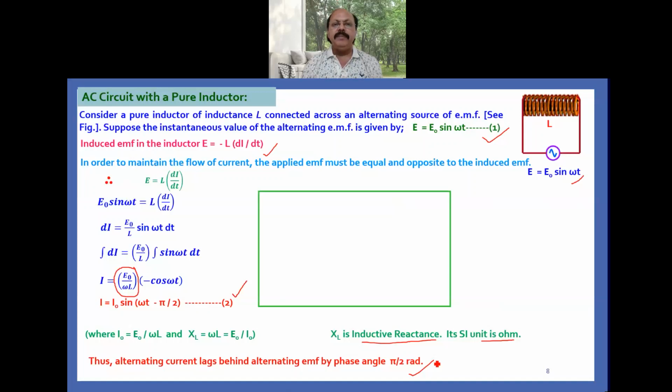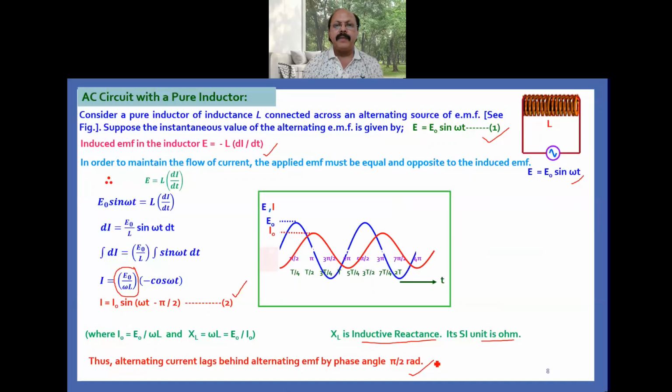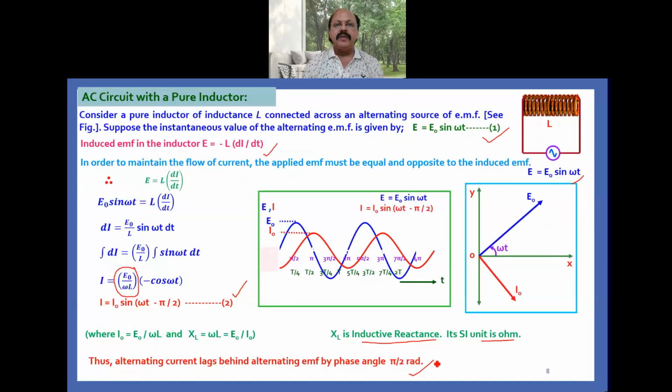Now its graphical representation and the phasor diagram you can see here. Since the current is lagging behind, it starts just below the x-axis, starting from here and passing through pi by 2. That indicates that the alternating current is lagging behind the alternating EMF by the phase angle pi by 2. Similarly, in the phasor diagram, the blue line represents the phasor of alternating EMF.